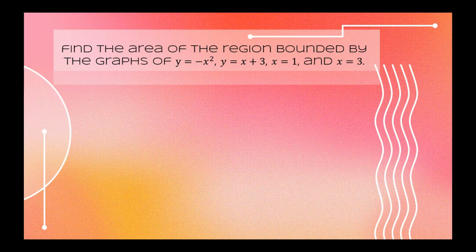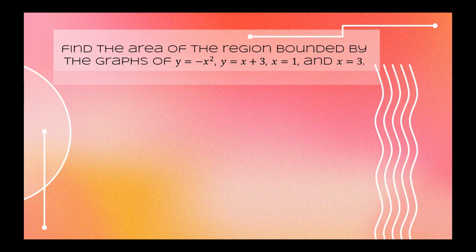All right, how about this one? Y equals negative x squared. Y equals x plus 3. Which is top and which is bottom? Top would be x plus 3. Why, Zeke?